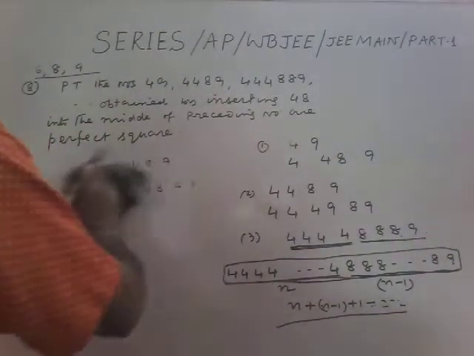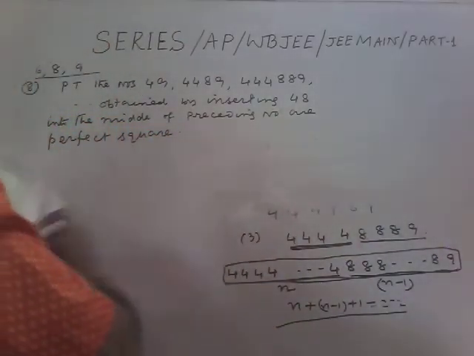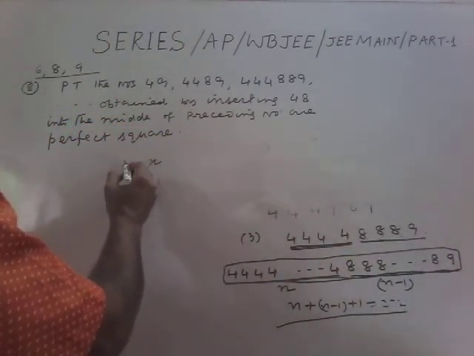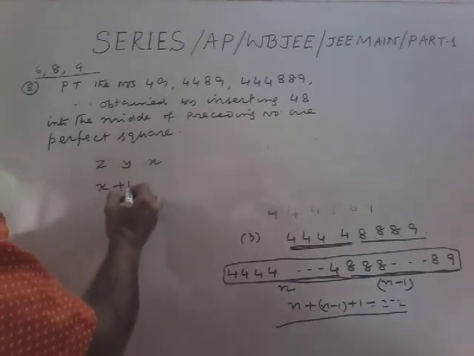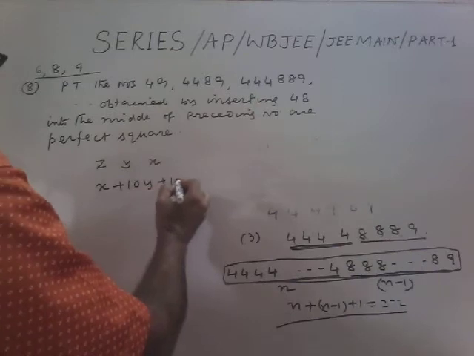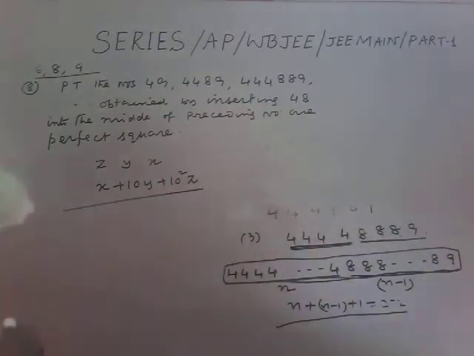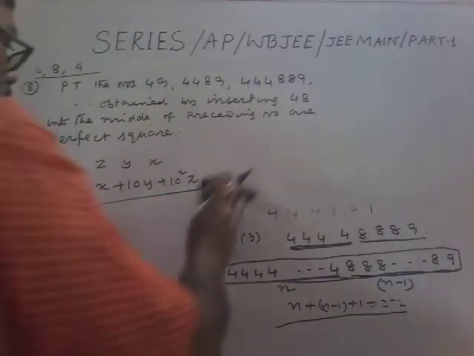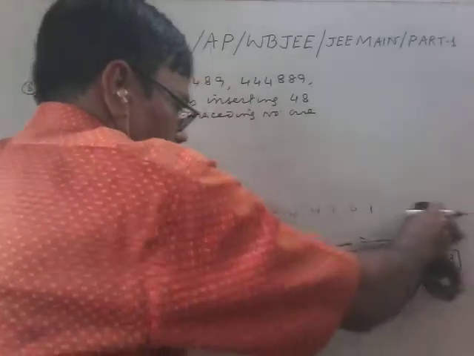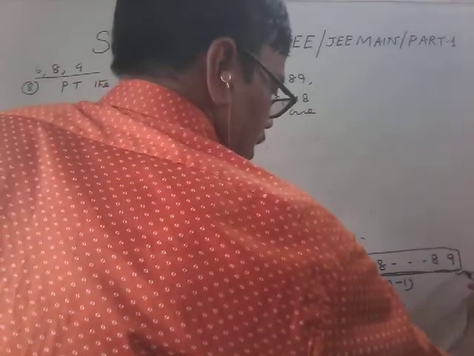Now what is the theory behind it to get the number? We know if it is x, y, z, then the number is x plus 10 into y plus 10 square into z. So what is the number for this case? The unit place is 9.